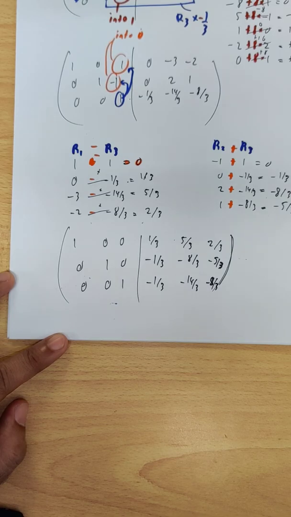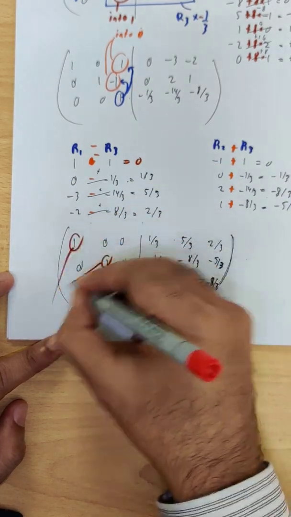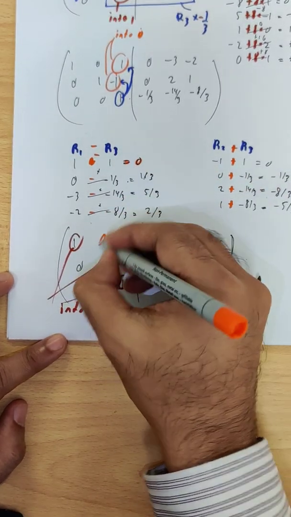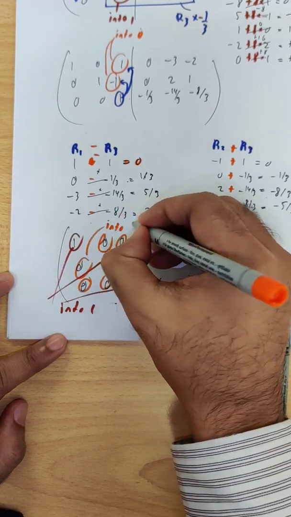So we have achieved what we wanted: we got this into 1, 1, 1, and the rest of the numbers we got 0. You get the idea.